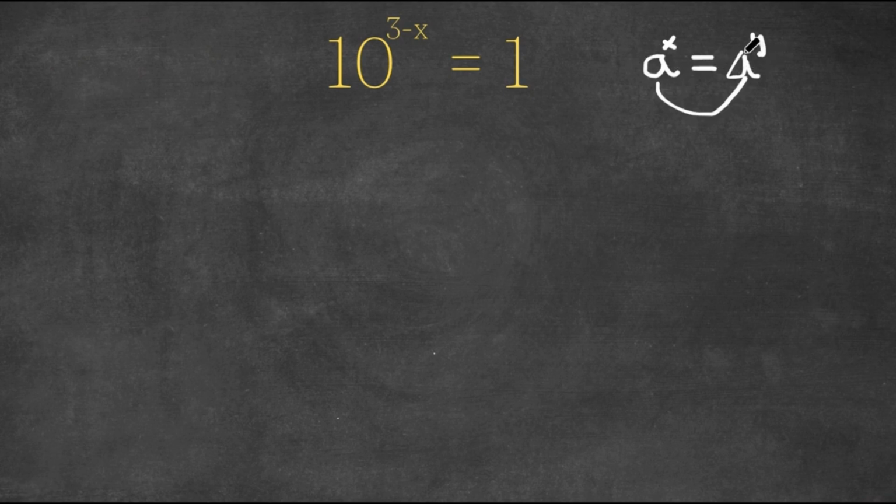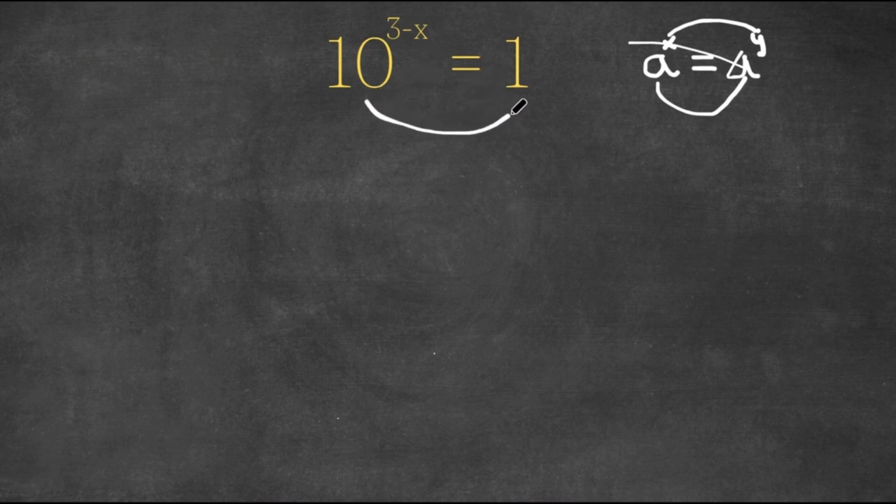Doesn't that mean that their exponents are the same as well? Because if they're different, then this would be wrong. They can't be different because their base is already the same. So if we change the bases so that they're the same, then we could just set the exponents equal to each other and solve for x.